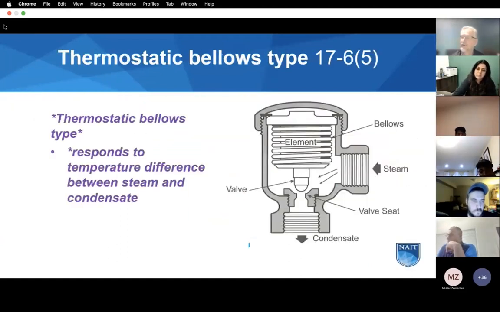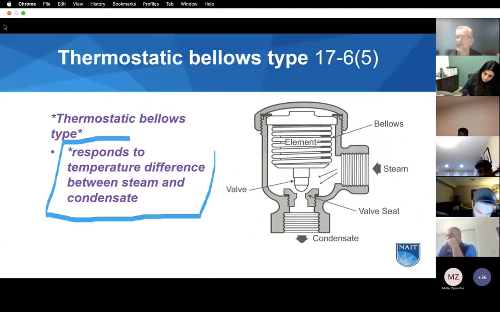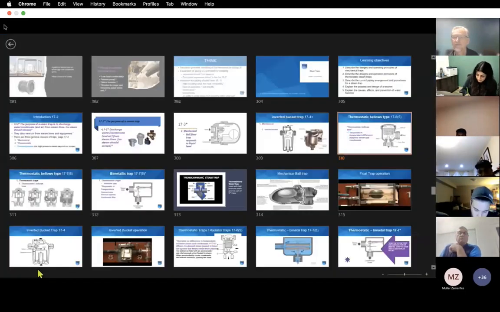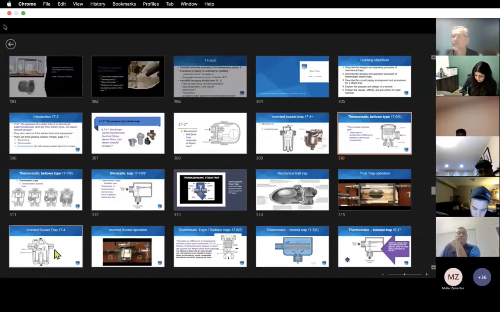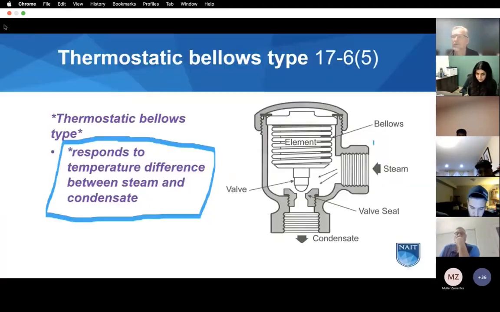Thermostatic trap is different than a mechanical trap. Thermostatic responds to temperature difference between the steam and the condensate. So this trap is going to be full of steam.